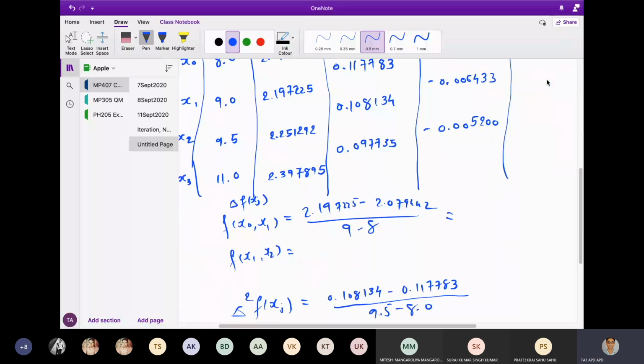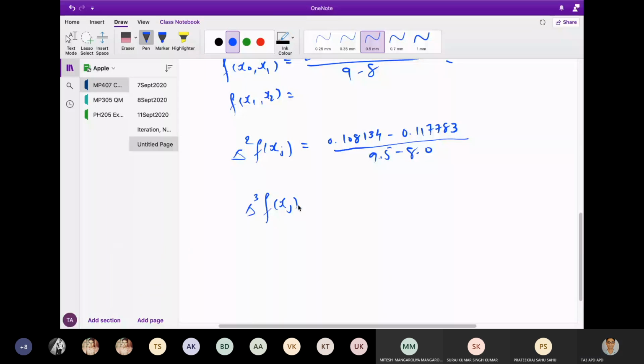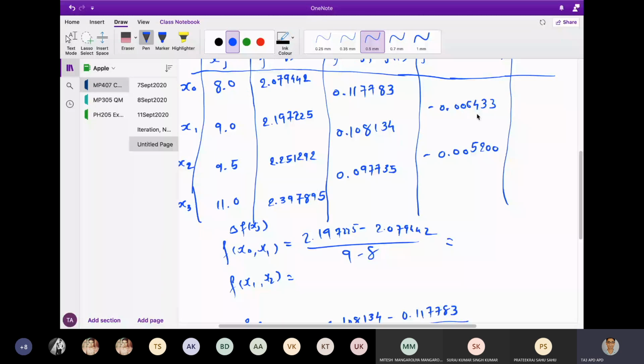So delta cube f of xj would be equal to the last one. So now you will skip two data points. So that means 11 minus 8, ये रहेगा.